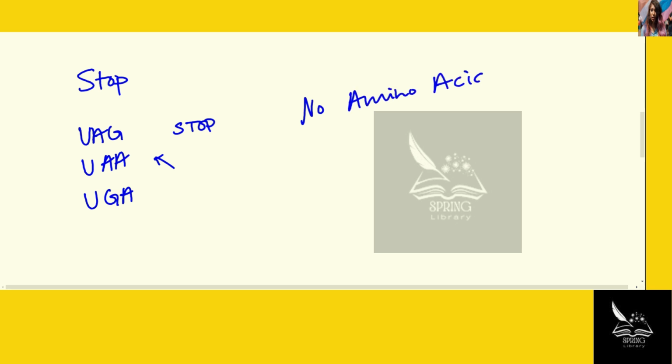So when we are creating our polymers of proteins and amino acids, instead of adding an amino acid to the chain, it's going to add nothing. So it's basically going to break off and end the protein sequence.